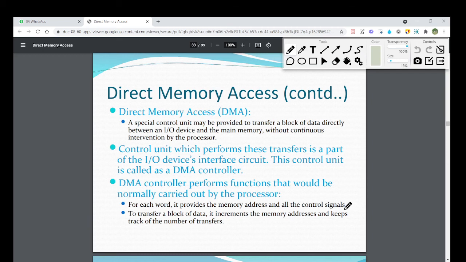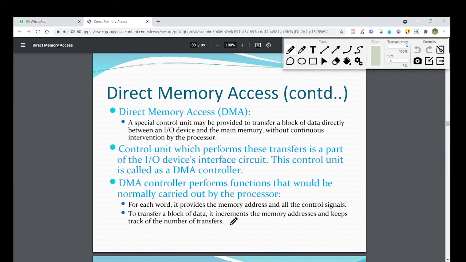Then, to transfer a block of data, it increments the memory address and keeps track of the number of transfers. To transfer a block of data from the IO device to the memory or from the memory to the IO device, it has to keep track of how many locations it has already transferred and how many remain to be transferred. This is taken care of by the DMA controller.